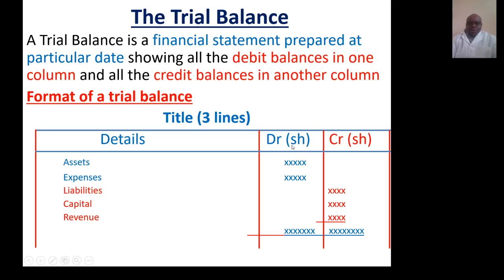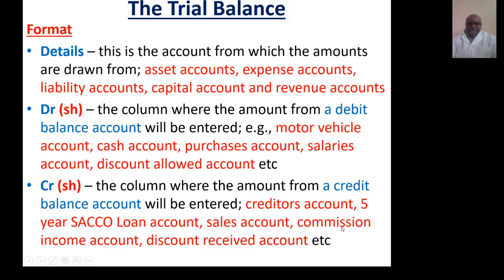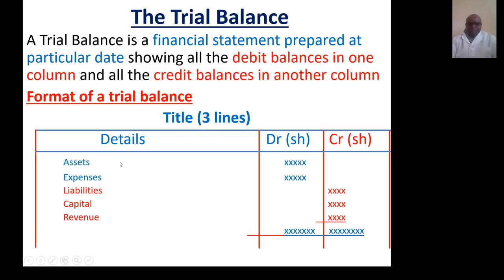The debit column is where those account balances that show debit balances are recorded. And the credit column is where those accounts that show credit balances are recorded. Normally, assets and expenses show debit balances, so they will appear in the debit column.